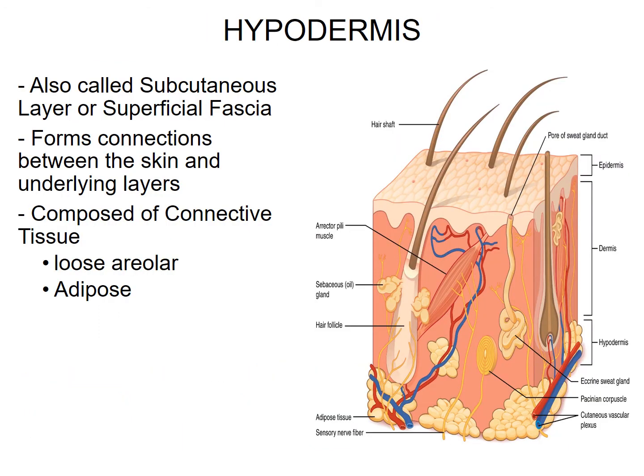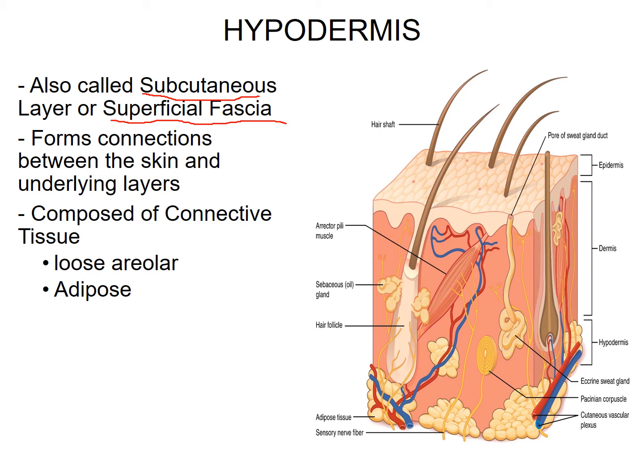Deeper to the dermis, or underneath the dermis, we have another layer of tissue called the hypodermis, and that should make sense, right? Hypo means underneath or less than or below. Other names for the hypodermis are the subcu layer, the subcutaneous layer, and also superficial fascia. Remember, we talked about fascia, mainly that loose areolar tissue that packages organs and cavities, just lines everything.